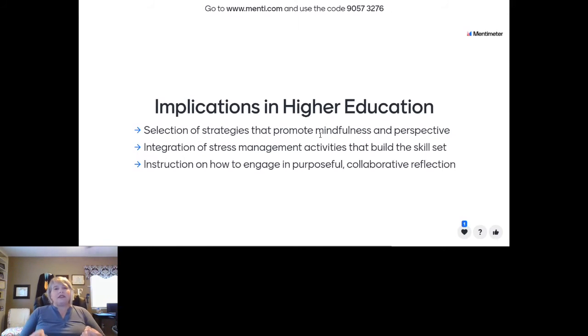So the mindfulness really helps you as an individual and a student think about the implications and the impact of what you're engaging in. It might actually hone your perspective and even adjust it and change it in a positive manner.